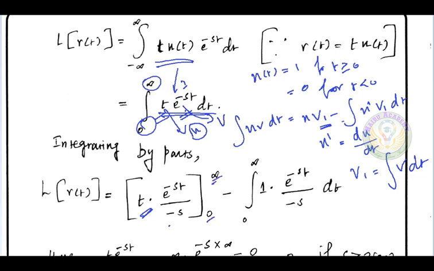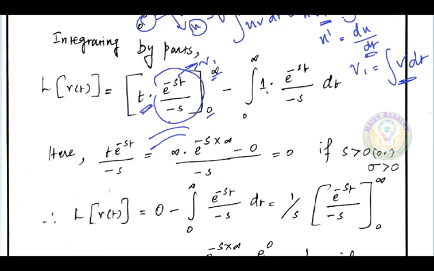Again, minus the integral of u dash, which is the differentiation of t, that will become 1 because you are differentiating with respect to t only, times v1. This is v and this is v1, because if you integrate this you will get this. First we will concentrate on this term because we have to find the region of convergence.